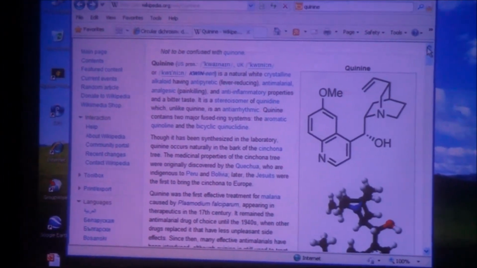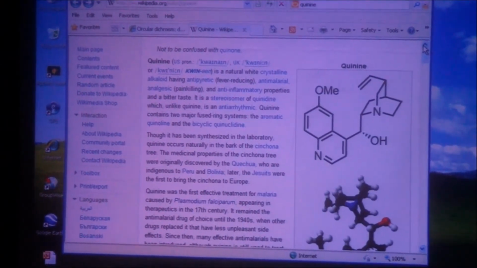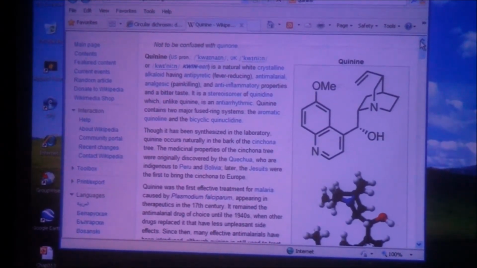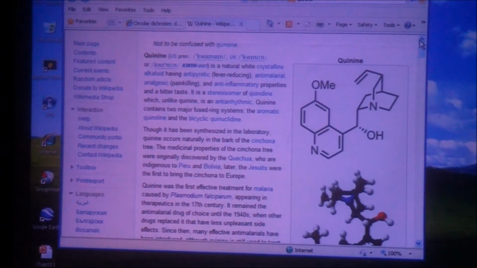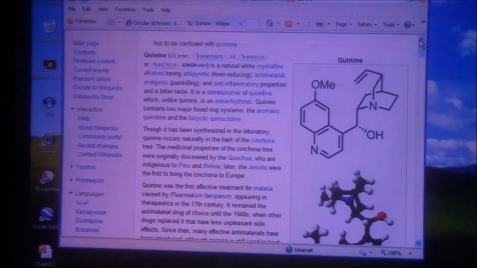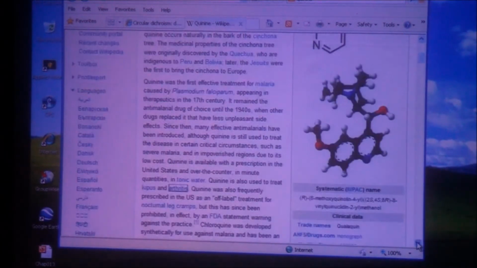Being a student, anytime the teacher says something, if you could just write it down in your notebook, you can go back later and look it up on Wikipedia. There's a whole bunch of information, and in each one of these is a little thing I can click on. I can read about quinine. They're showing me the molecule. You don't have to worry about this diagram; we'll learn about this later in the class.